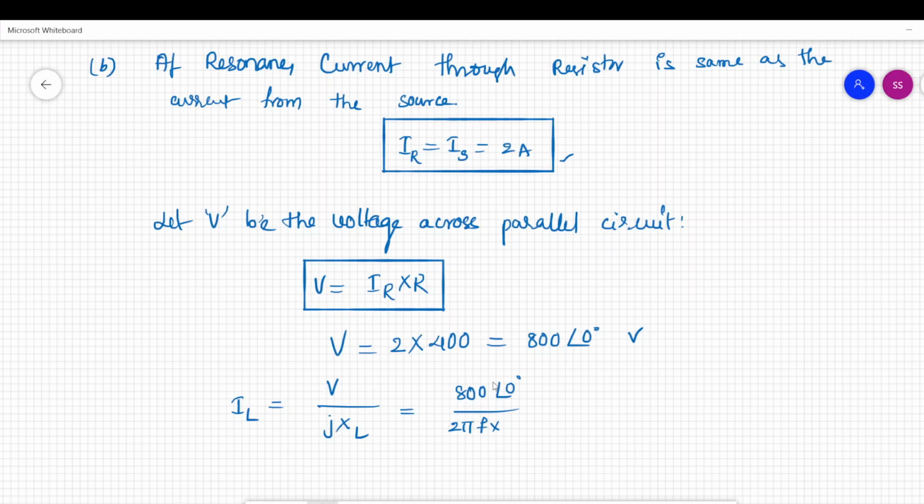That was 0.5 Henry, at an angle of 90 degrees. Here j will give you 90 degrees, right? So that will be equal to 16 with an angle of minus 90 degrees.